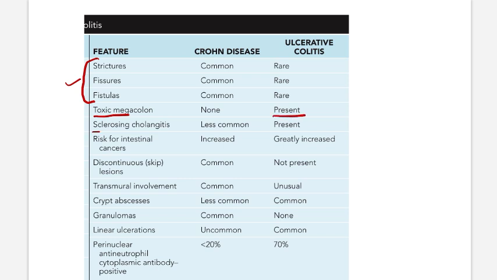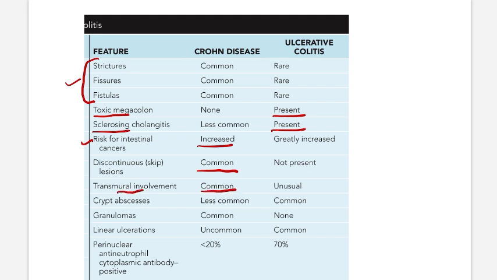Sclerosing cholangitis is more common in ulcerative colitis, and the risk of intestinal cancers is increased in Crohn's disease. Skip lesions are more common in Crohn's disease. Why? Because of widespread involvement. Transmural involvement: yes, Crohn's disease has it.